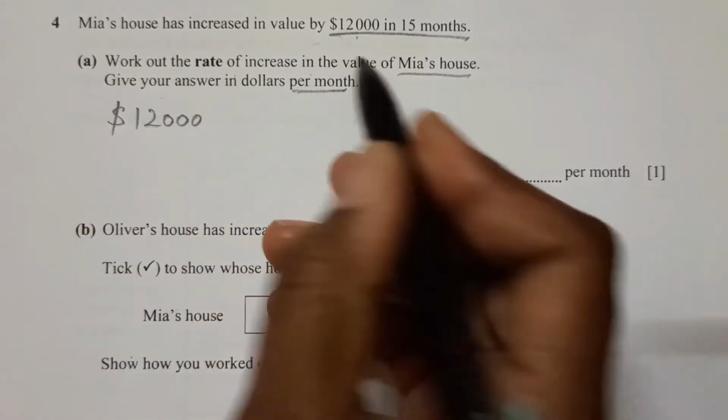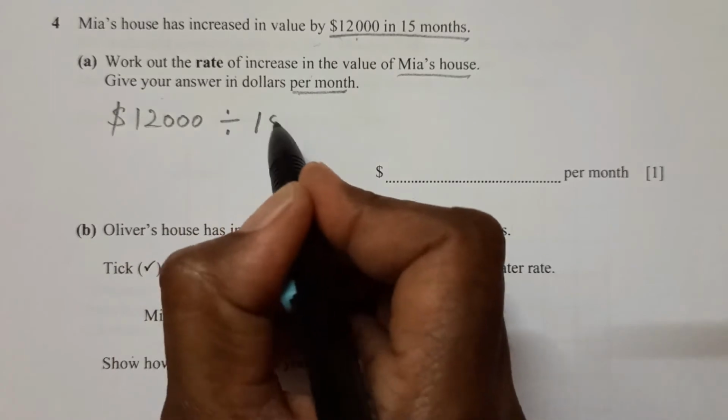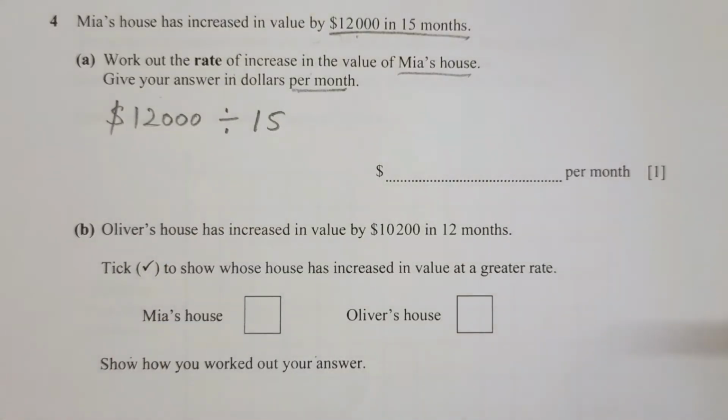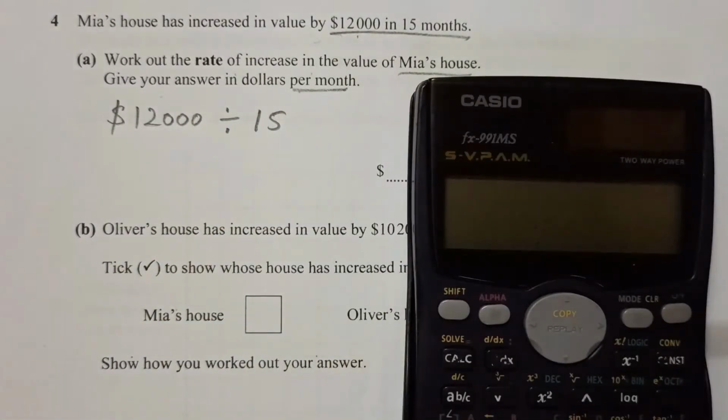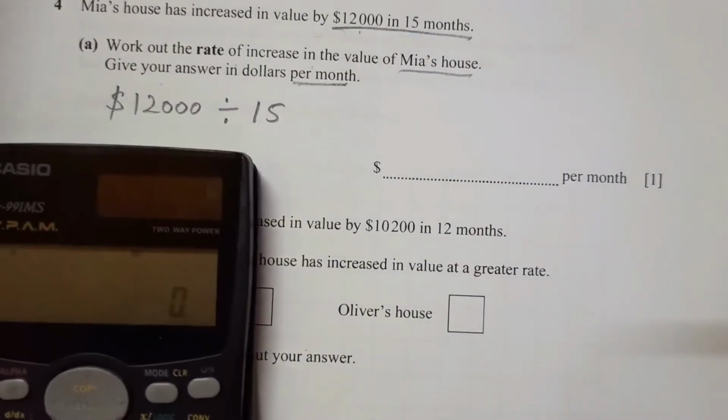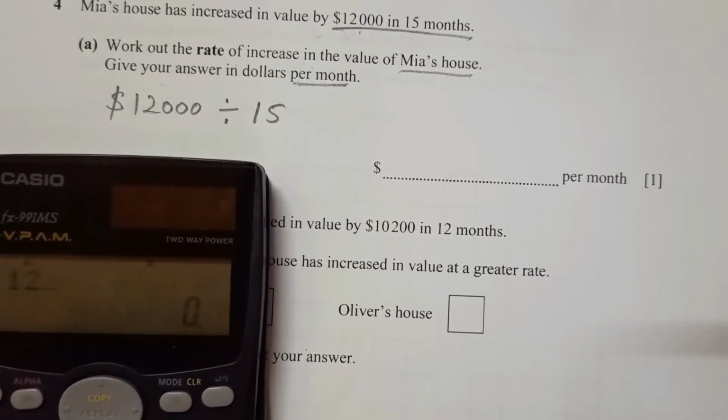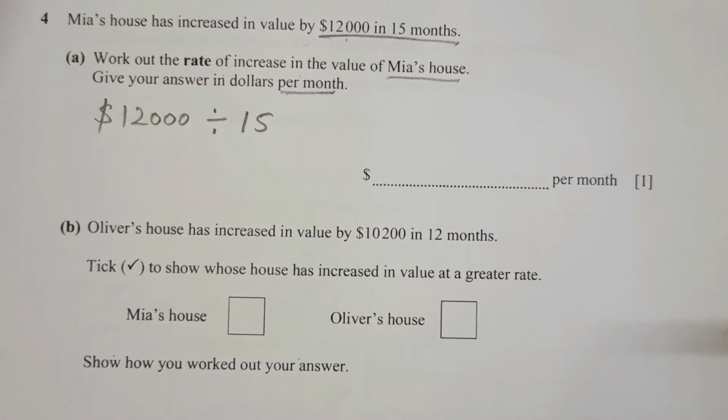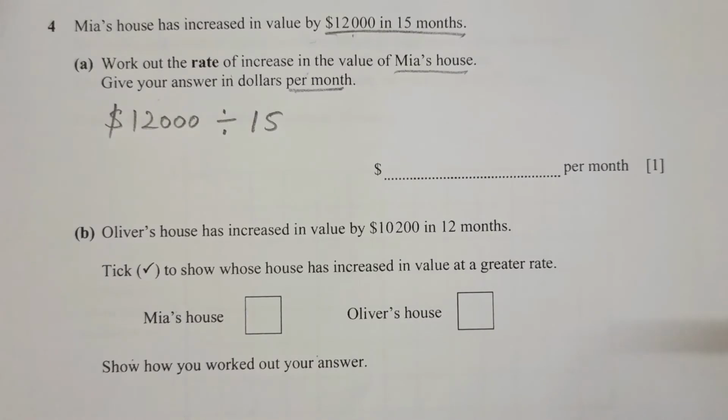This is increase in 15 months, we need to know for 1 month. So when you divide this 12,000 divided by 15 gives you 800. So in the answer column here we will write down 800.